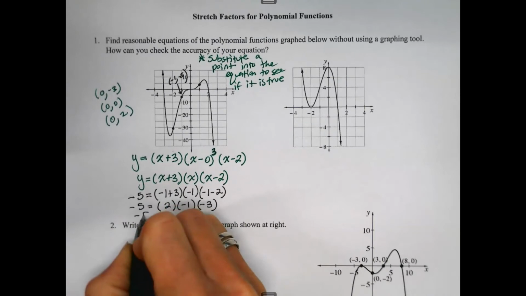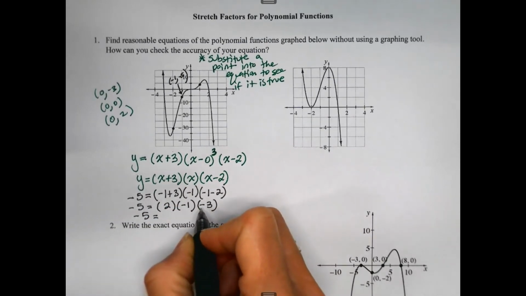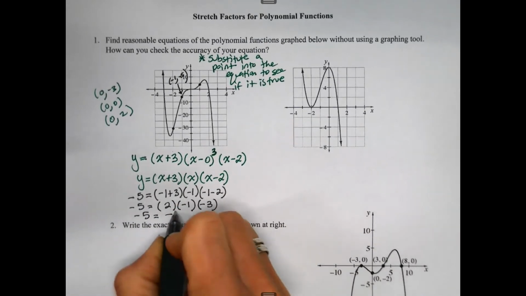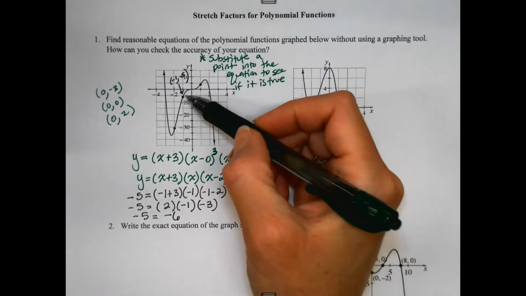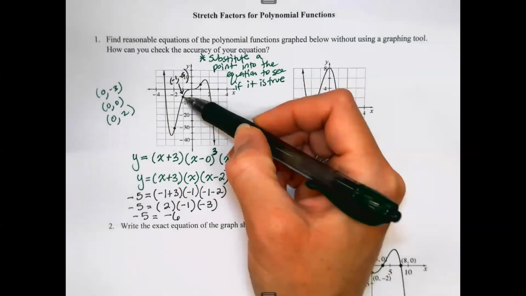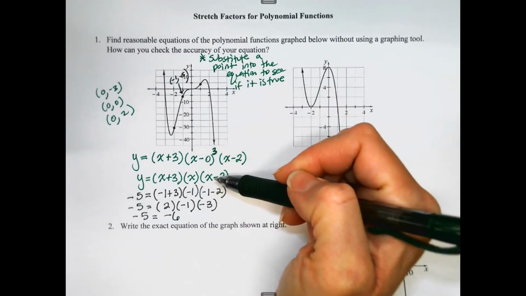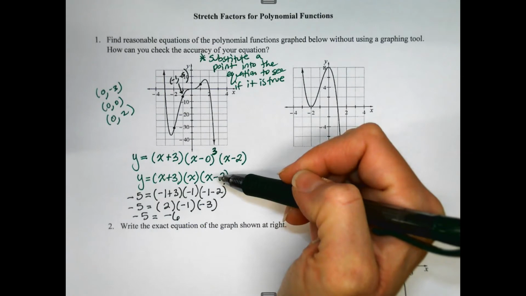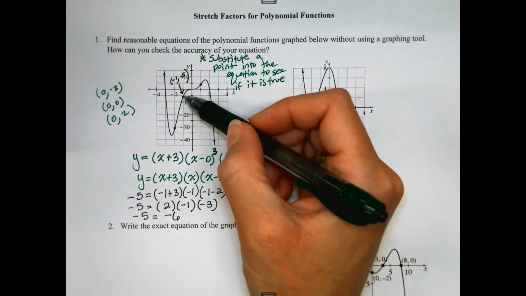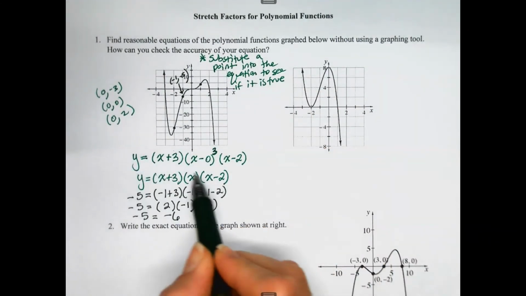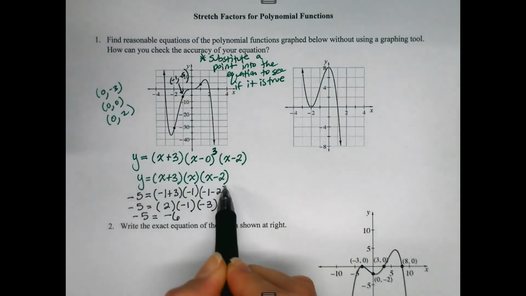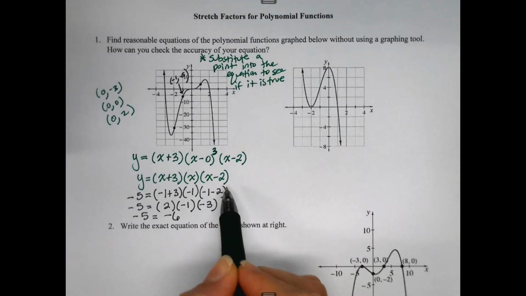So -5 is equal to -6. Now, if we look really closely, that point seems to be just below -5. Therefore, -6 might have been an even more accurate representation. But overall, this equation that we found does relatively closely or accurately represent the graph.